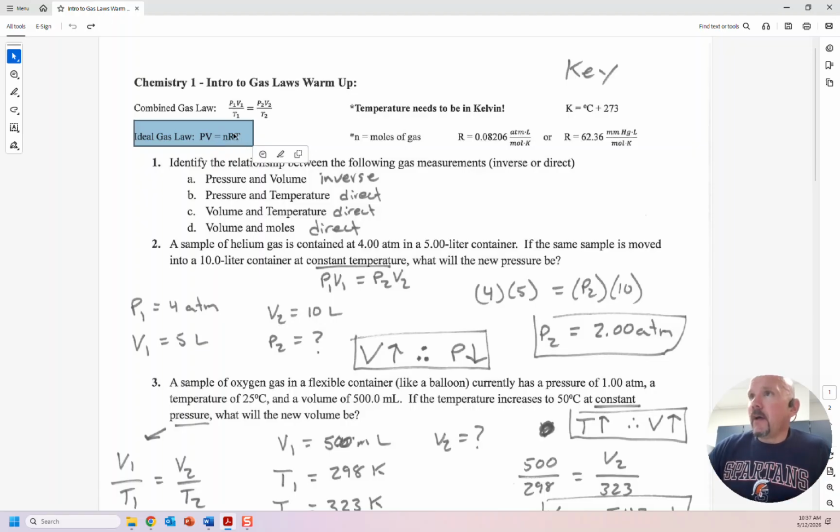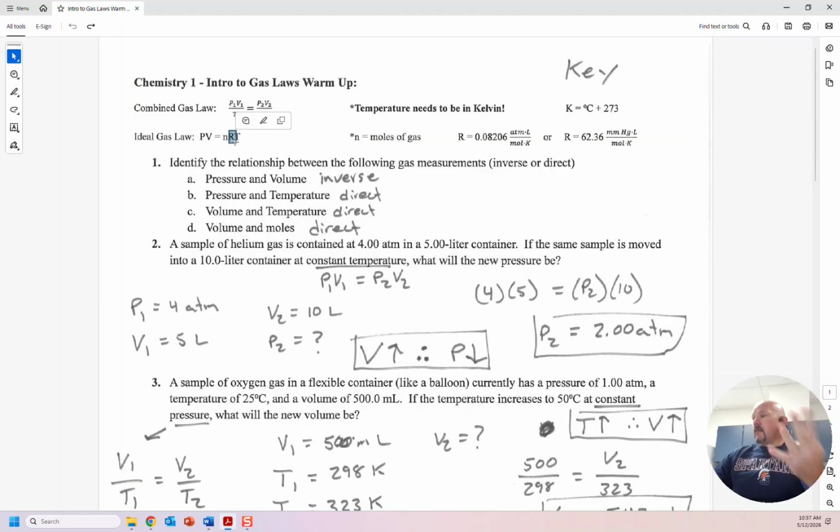Understand what the ideal gas law is. And remember, we always know what R is. R is not a variable, right? So the ideal gas law is just an equation you can use that if you know the pressure, volume, and temperature, you could use this to calculate how many moles you have, right? So if you know three of the 4 gas measurements, you could calculate the 4th, right?